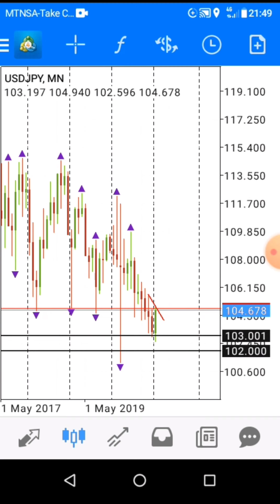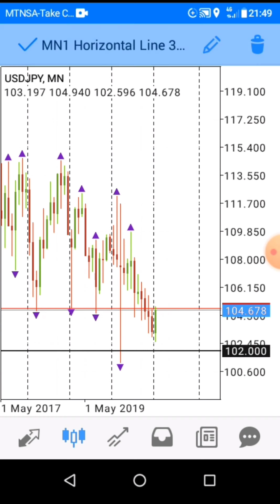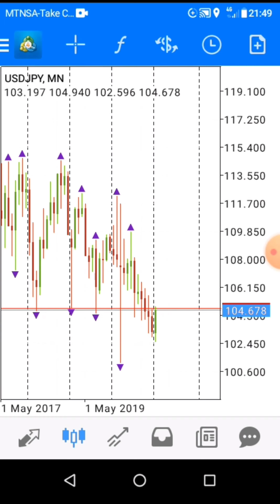Another thing I forgot to mention is the time frame you need to plot your Fibonacci tool on. The time frame I normally use is the daily. I go to the daily time frame and see if I can see a clear downtrend or a clear uptrend.